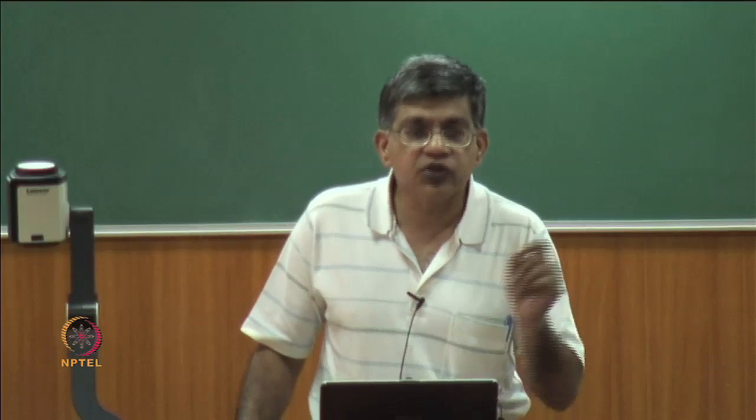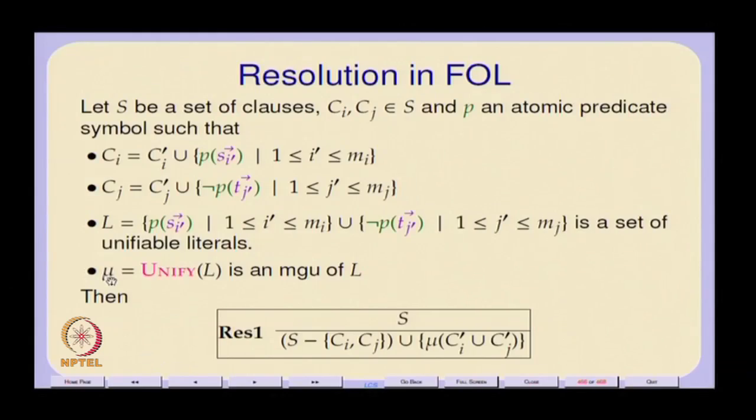So we are not actually using that last part of Herbrand's theorem. What we are saying now is that in S I can remove these two, Ci and Cj, and take the unified version of Ci prime union Cj prime. This is a clause, and it can have free variables.